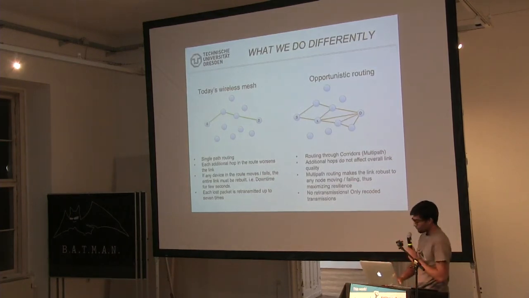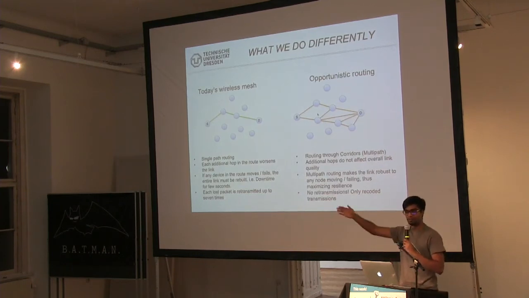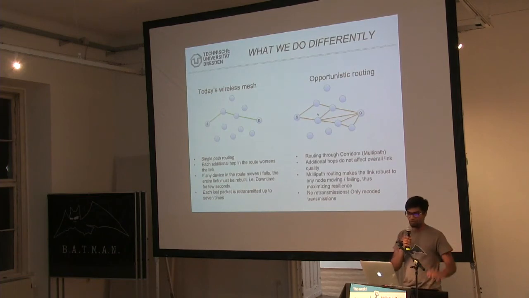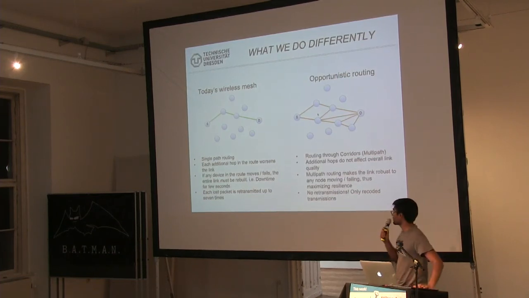If you have multiple links and one node moves, you already have another link which works, which means your downtime is virtually zero, provided, of course, you have multiple routes.